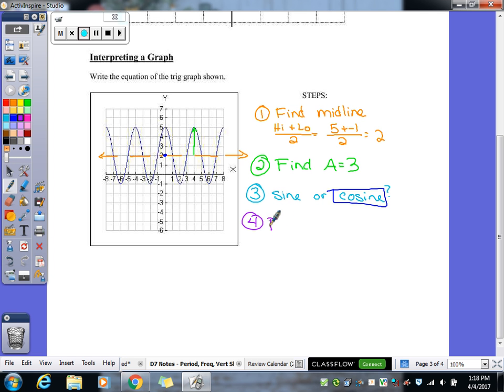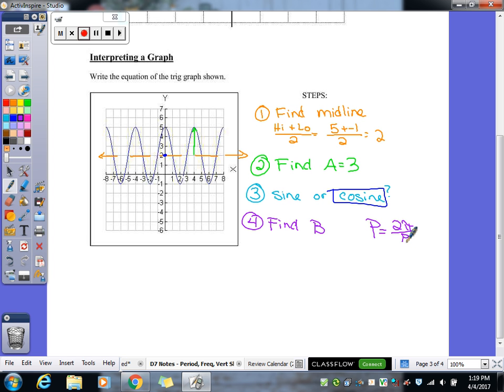Step 4. We need to find our b value. All right, so step 4, we got to find our b. This is a little trickier. So what we have to do is we have to start with the fact that we know the period is 2 pi over b.